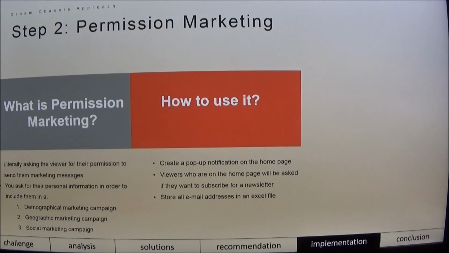And those who say yes and fill in their email address, you can store in an Excel file. Really simple in the beginning. No need to invest in a whole Salesforce thing now. For the beginning, it's wise to store them in an Excel file so you have a nice overview of who is more interested in your training and who is not.